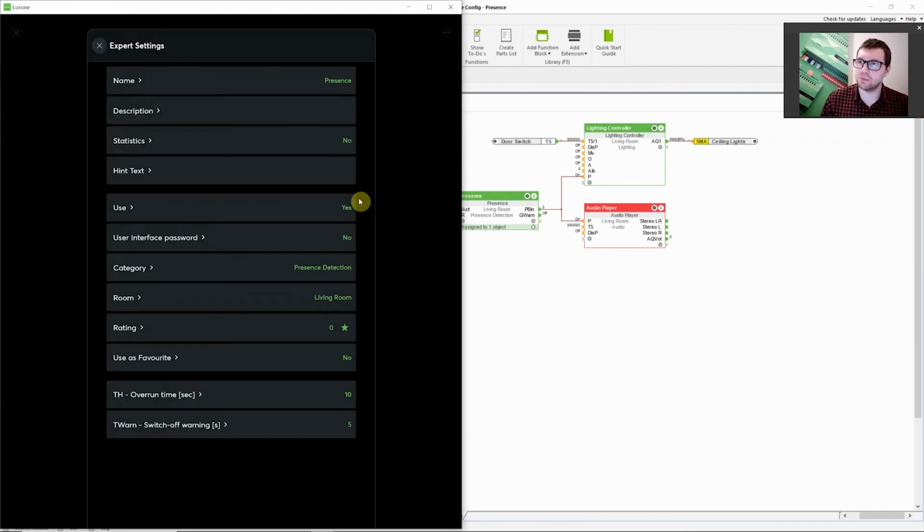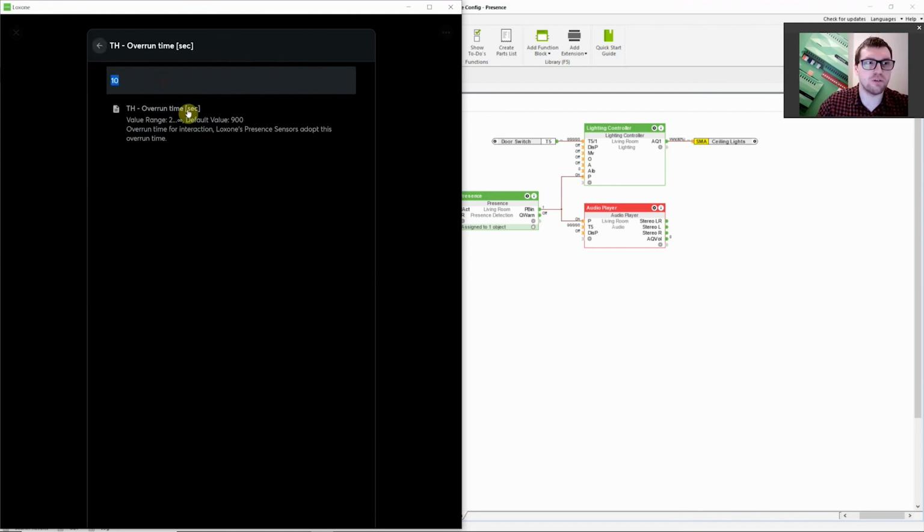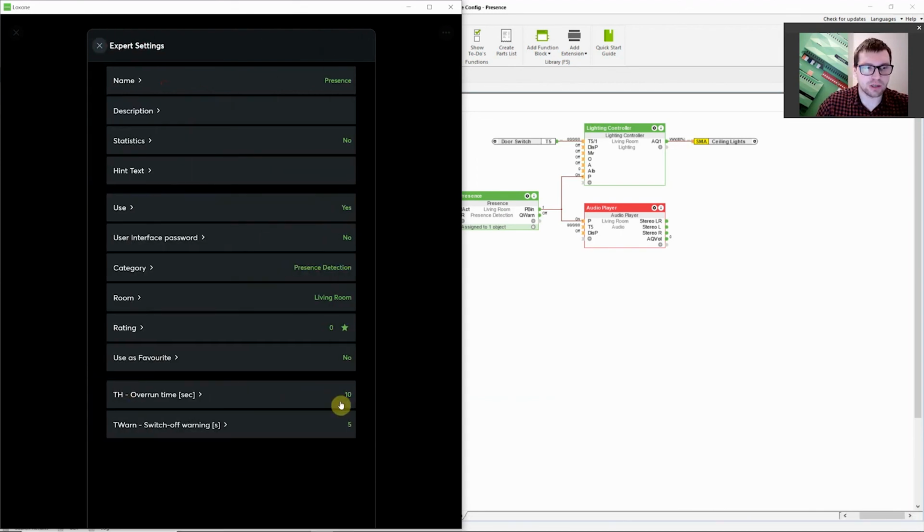Provided someone has the permissions, they don't have to have Config as well, they can edit parameters within the app. This gives your customer, therefore, the power to change this overrun time themselves. One simple parameter. If they make a mistake, it won't affect functionality elsewhere on the system. It will literally affect this one thing, which is presence.